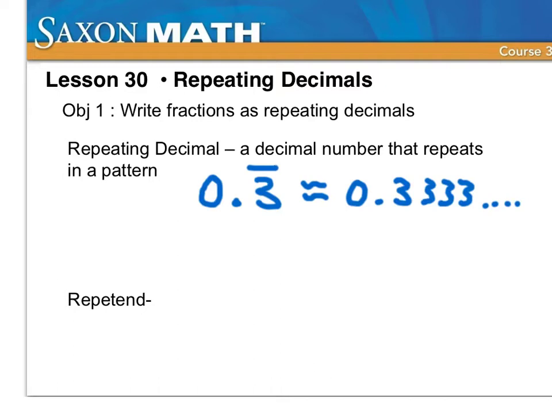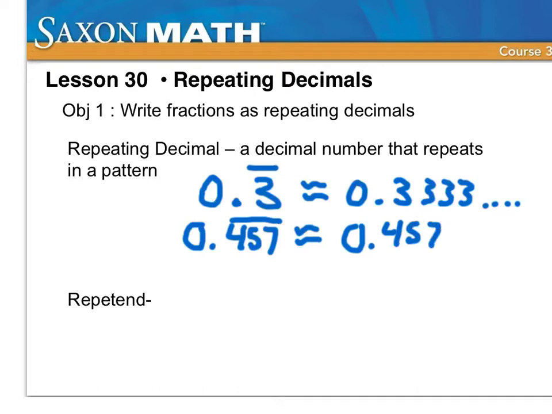It might be something like 0.457 repeating. That means it's 0.457, 457, so on and so forth.